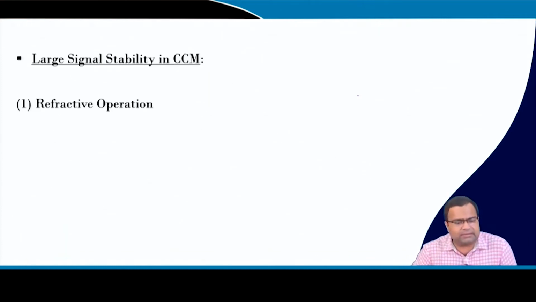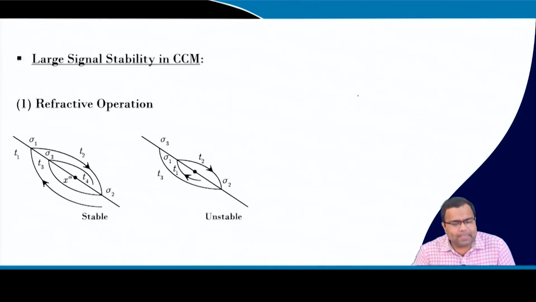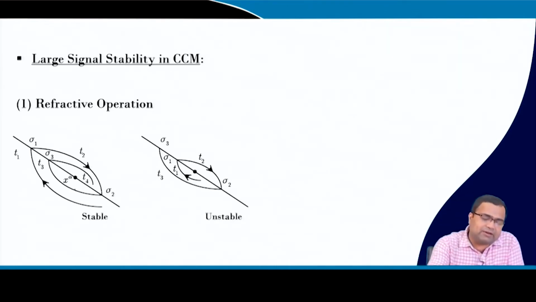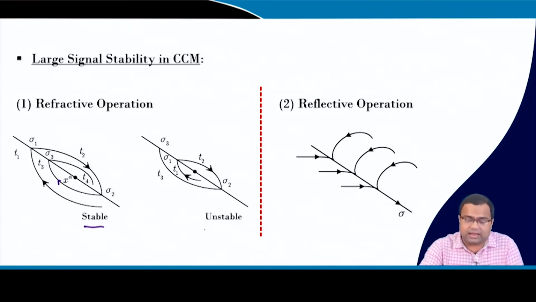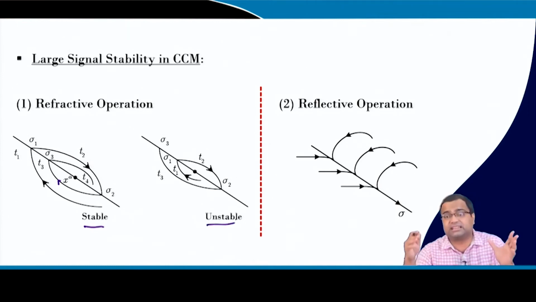So, for large signal stability, in the refractive region it is stable, but with overshoot and undershoot, and it will take more cycles, and it is unstable in the rejective region.